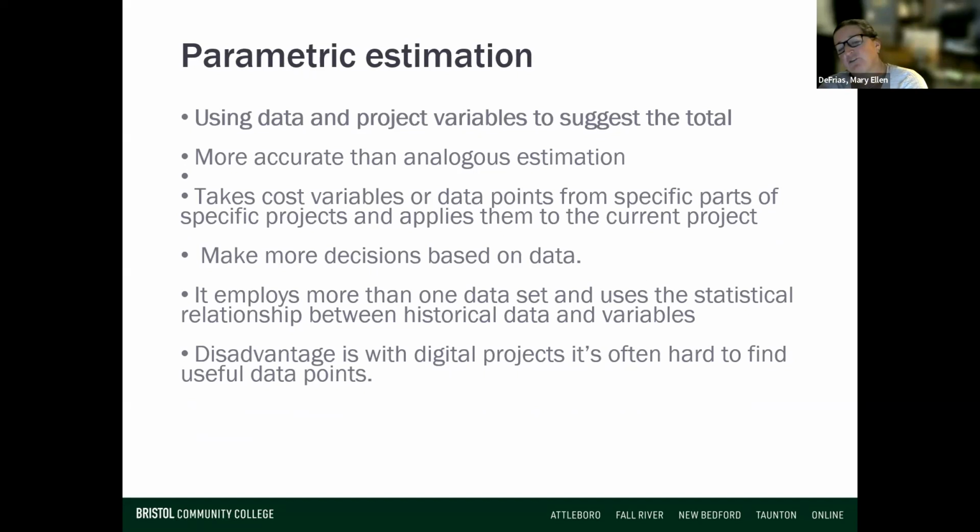The next one is parametric estimation. And this one is taking the analogous and putting some science behind it. So you take costs from other projects, but you also do some research and comparison, using multiple data points and finding averages, which will get you closer to the true cost that you're going to see.